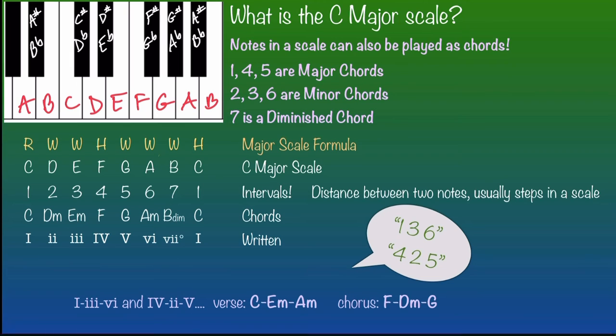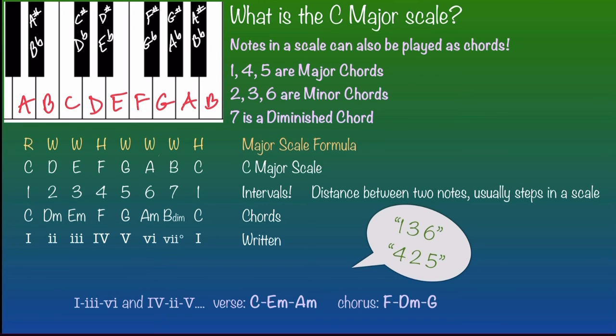The verse is 1, 3, 6, and the chorus is 4-2-5, which would mean the verse is C, E minor, A minor, and the chorus would be F, D minor, G. I don't know. Maybe that's a hit. I just made up those numbers. If you play those chords and they sound good, I will take all the credit for it. Musicians refer to these numbers all the time.